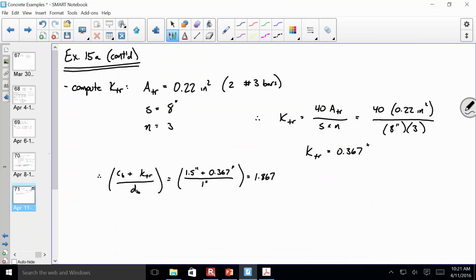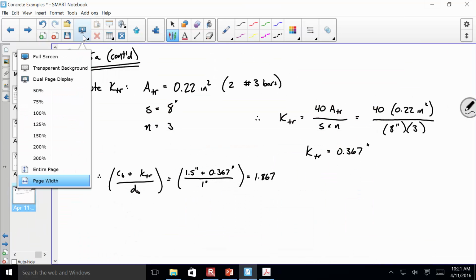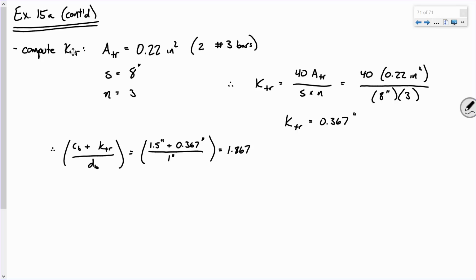So we can now go through and compute our development length. And it's pretty simple.